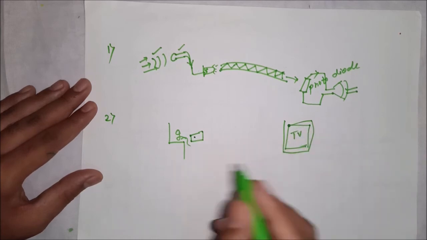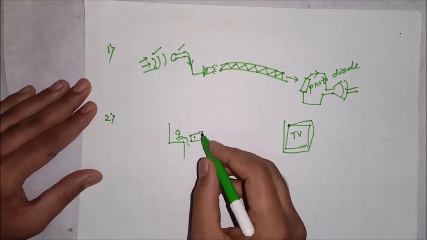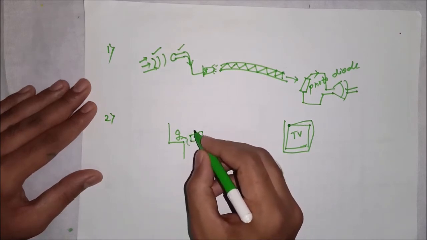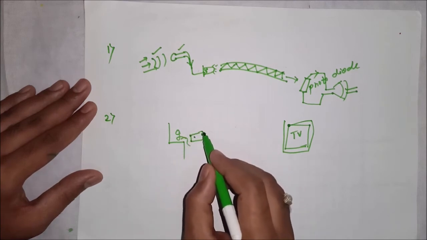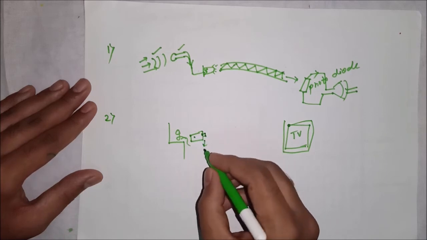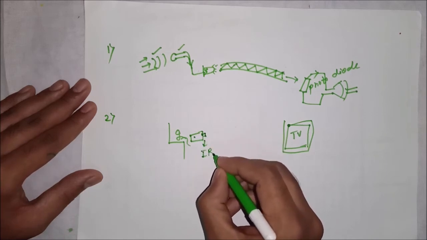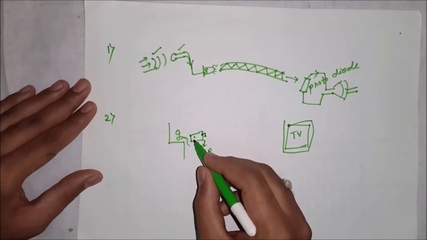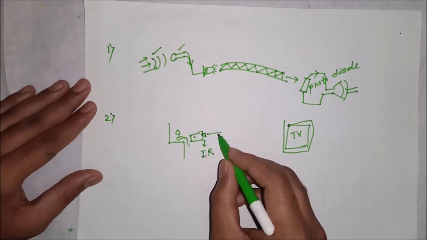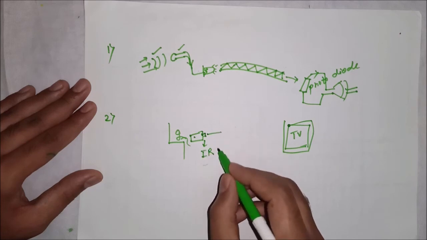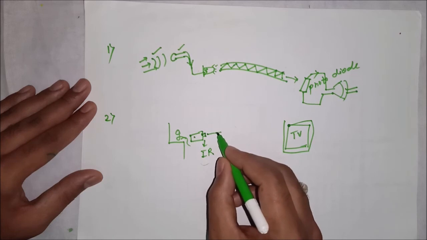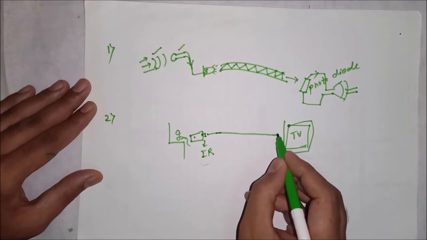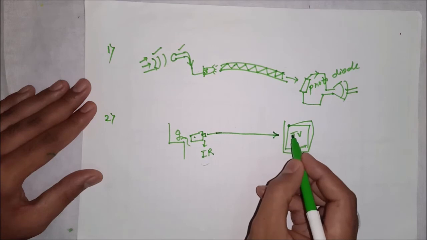What is happening in this process? If somebody presses the button, what happens? On the top of this remote, there is again an LED, and this LED is an infrared LED. The moment you press the button, it produces light, and that light is IR radiation. So it is invisible to us, and that IR radiation goes and reaches the TV.